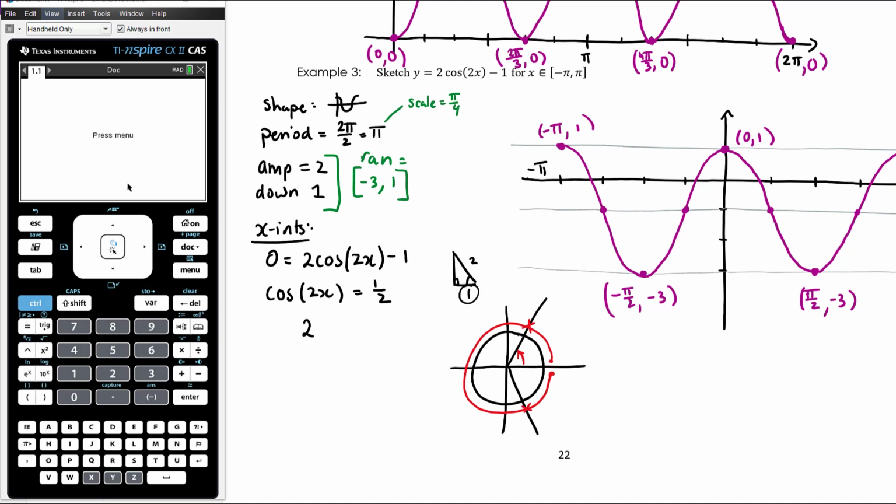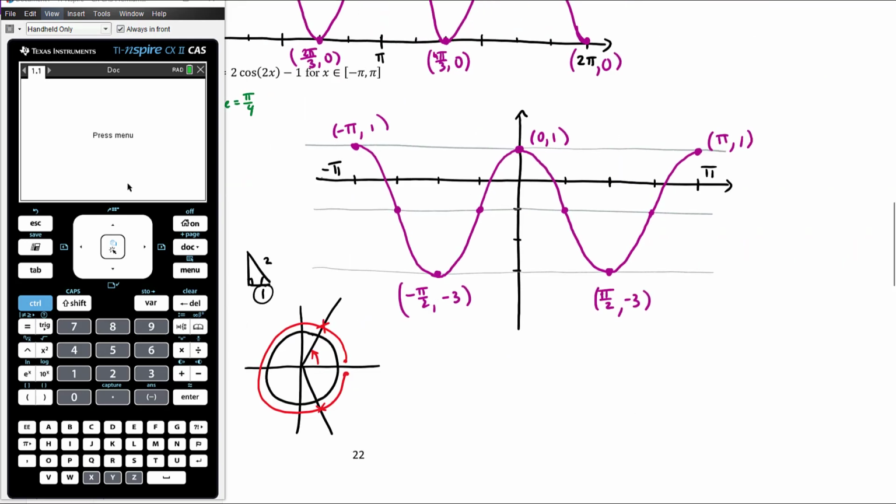So that means that 2x is equal to pi on 3, and 2 pi minus pi on 3 is 6 pi on 3 minus 1 pi on 3, so 5 pi on 3. And then dividing by 2, x is pi on 6 and 5 pi on 6. And so then the two negative ones are clearly negative pi on 6 and negative 5 pi on 6. Okay, so you should be able to think that through.